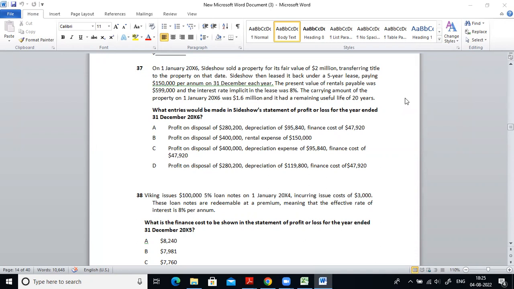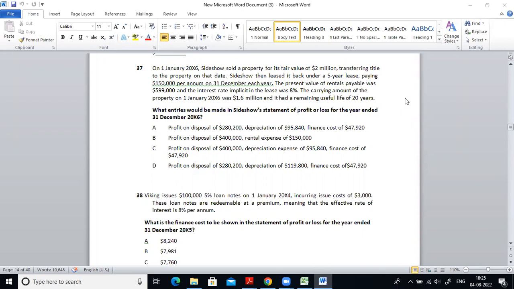The present value of the rentals payable was 5,99,000 and the interest rate implicit in the lease was 8%. The carrying amount of the property on January 2006 was 1.6 and it had a remaining useful life of 20 years. What entries should be made in the Sideshow statement of profit or loss for the year ended 31st December 2006? At what should be the values?